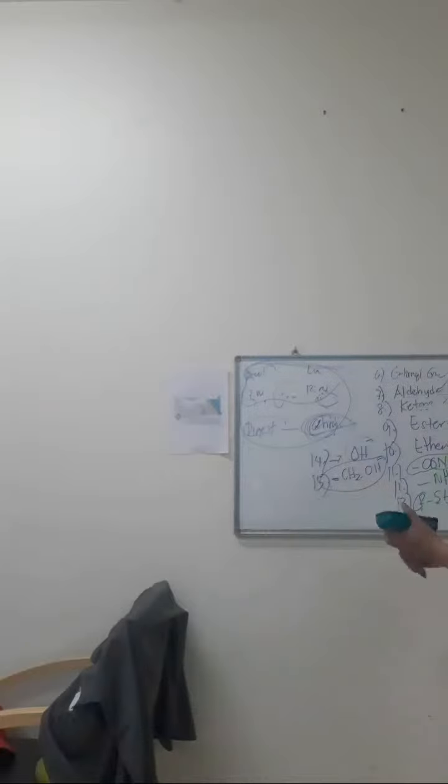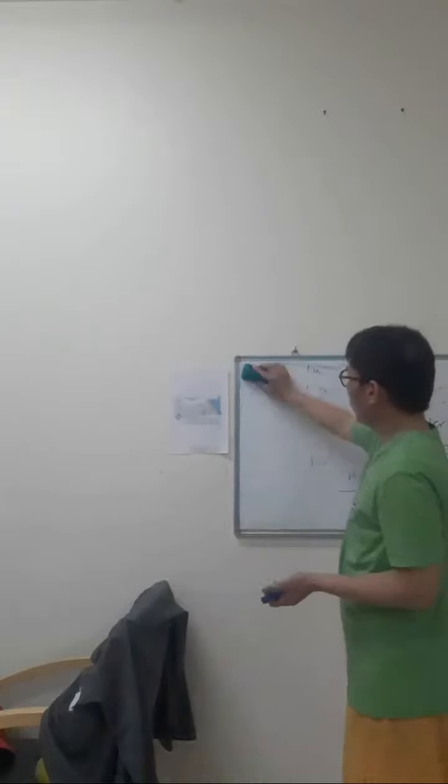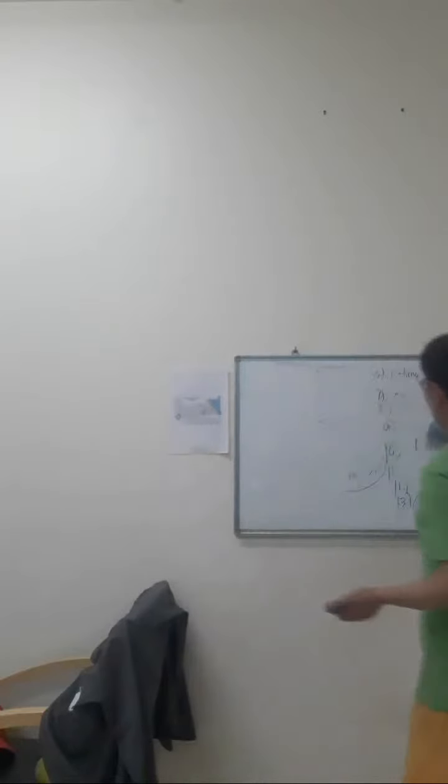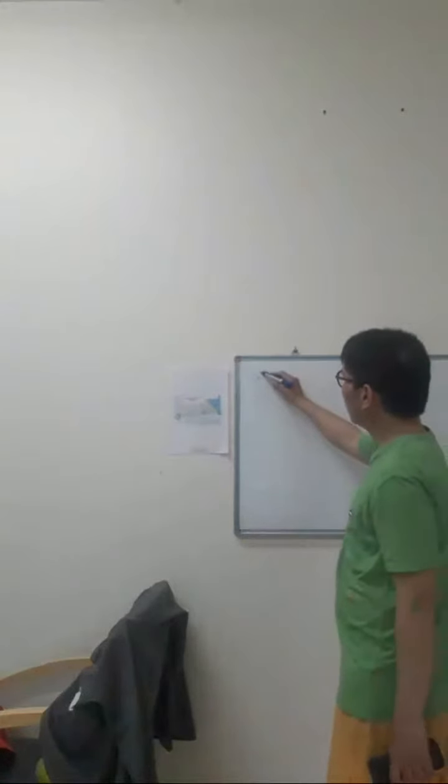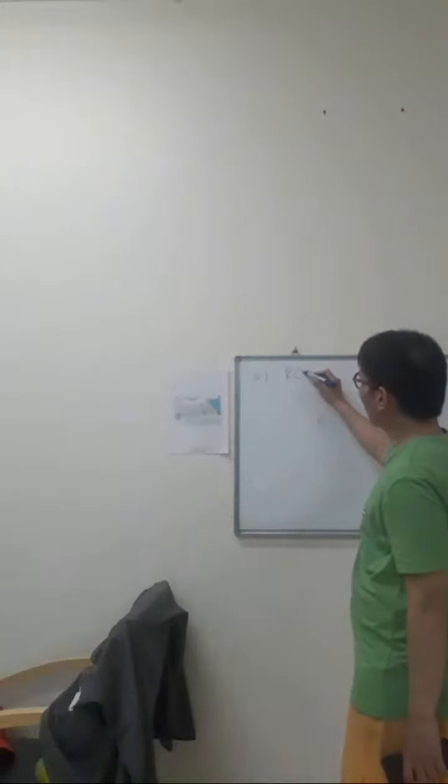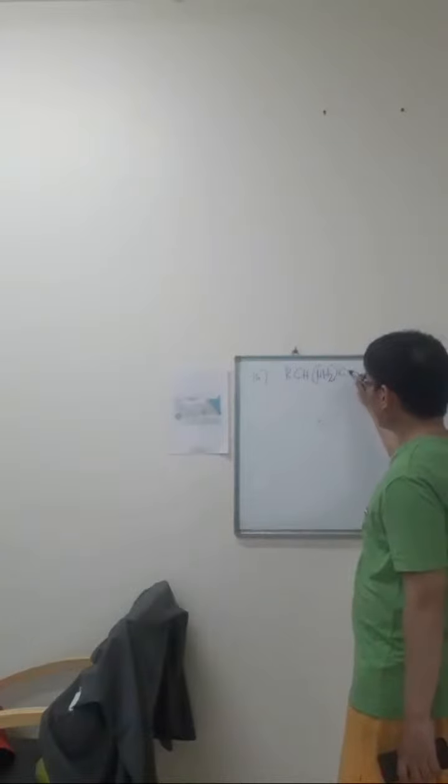Now, punta na tayo sa amino acid. Number 16. Medyo mahirap ang mga functional group na ito. Ang functional group sa amino acid, guys, at ang protein, pareho lang siya. So, alkyl, R, bonded with carbon, hydrogen, NH2, and then COOH.